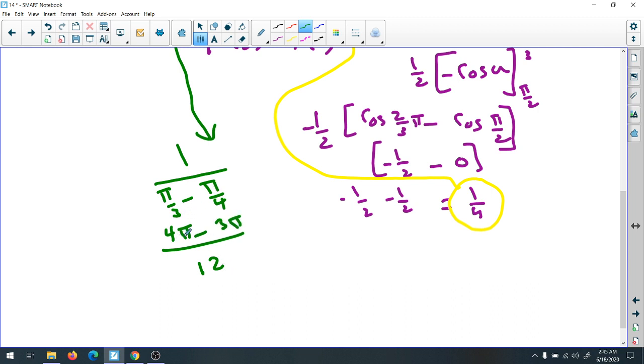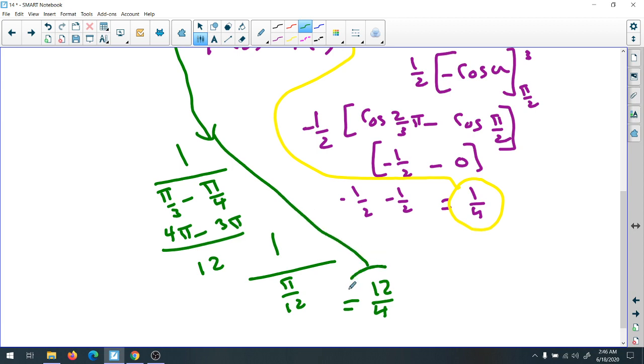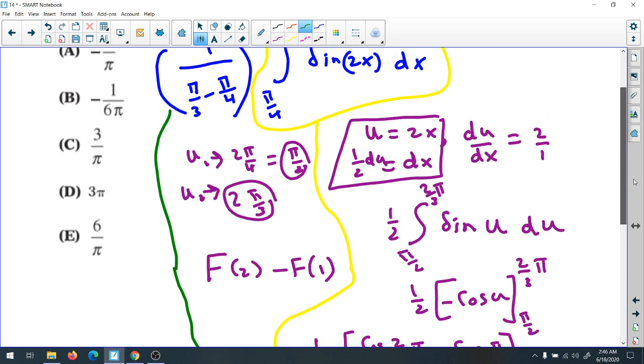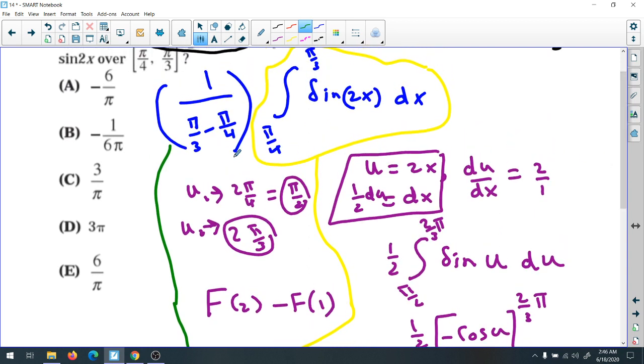Then 4 pi minus 3 pi is 1 pi over 12, all under 1. So 1 over the fraction is just the reciprocal, which is 12 over pi. This is the value of 1 over pi over 3 minus pi over 4.